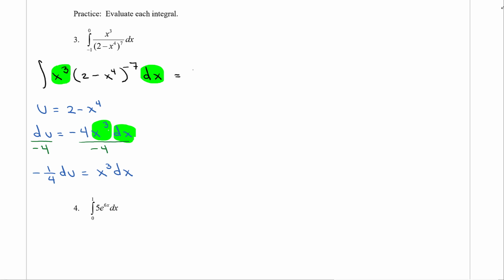So this is going to be equal to the integral of 2 minus x to the 4th, all raised to the negative 7th power, x cubed dx. Now when I do my substitution, this is going to turn into this integral of u raised to the negative 7th power, and then in place of that x cubed dx, I'm going to substitute negative 1/4 du.